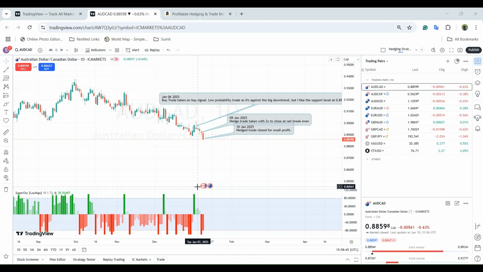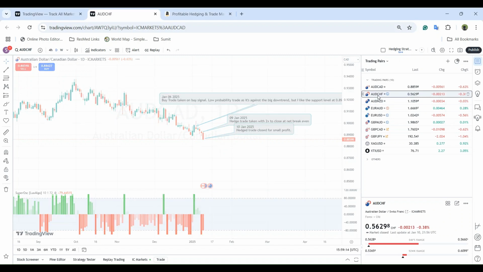It went against me, got an opposite trade, a sell trade, which came in on the 9th. Took that trade, and on the 10th, the hedge helped me to come out of that at break even, or a small profit, in fact, is what we made on that one. So overall, no profit, no loss, or a small profit.